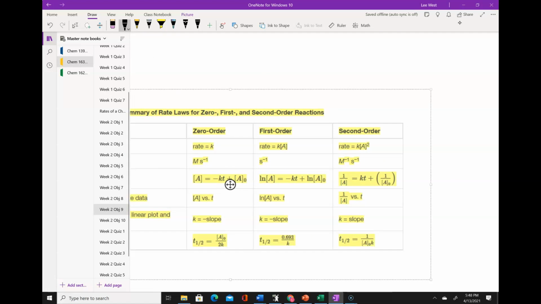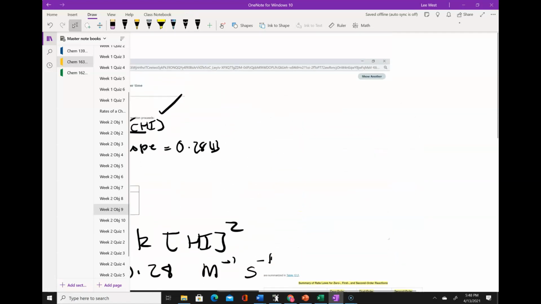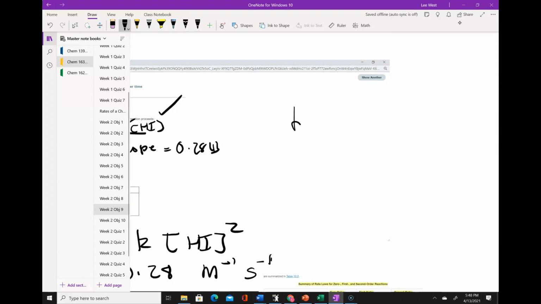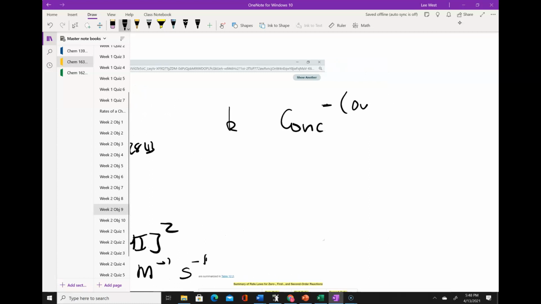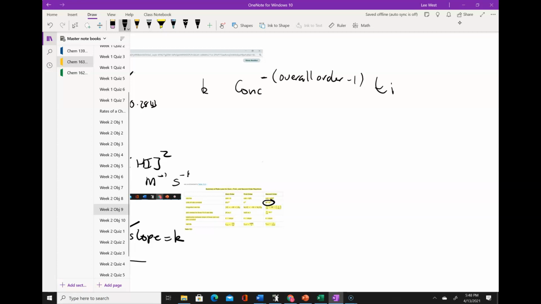For second order, there it is, right? But just remembering that for K, the units are concentration, whatever your concentration units might be, to the negative overall order minus 1, and then it's always time to the -1.